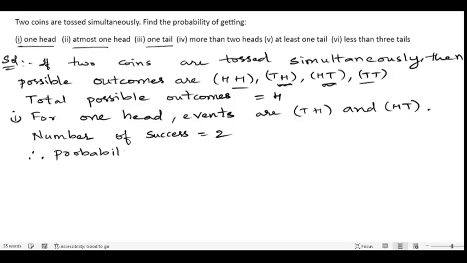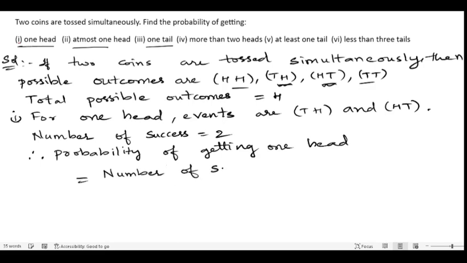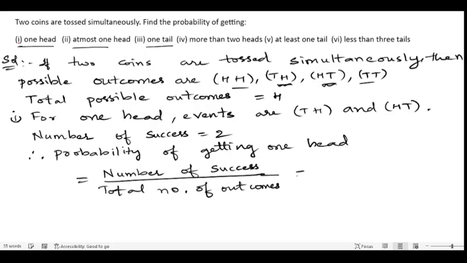So probability of getting one head is equal to, one head means number of success, that is number of favorable outcomes, so number of success by total number of outcomes, so is equal to 2 by 4. 2 ones are 2, 2 twos are 4, so we got 1 by 2.